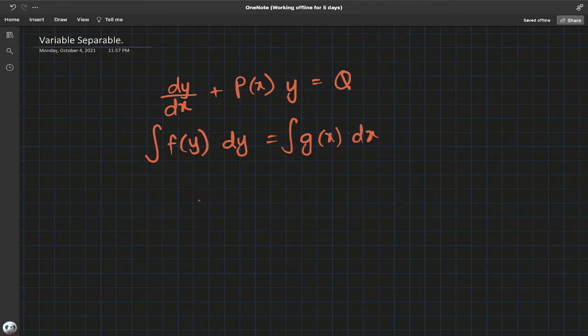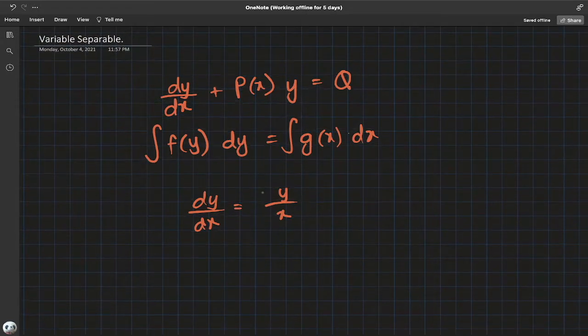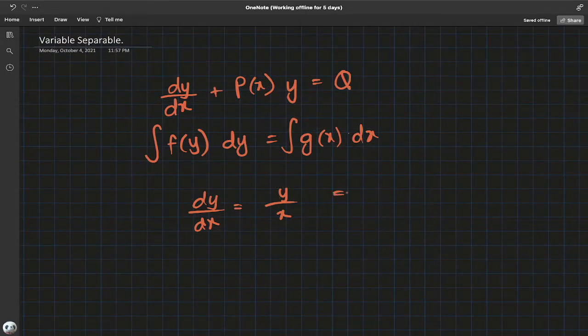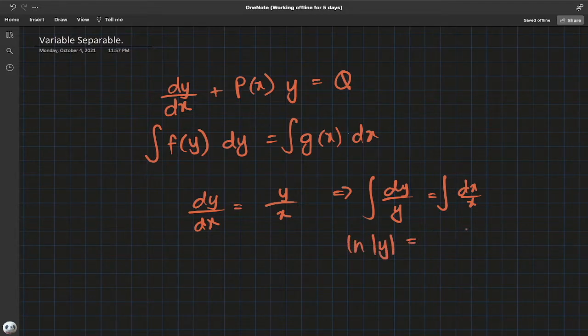And the simplest differential equation you can solve with this is something that looks like this. This is clearly variable separable, so you can just have dy over y equals dx over x, and then integrate both sides. So you get natural log of absolute value y equals natural log absolute value of x plus constant of integration.